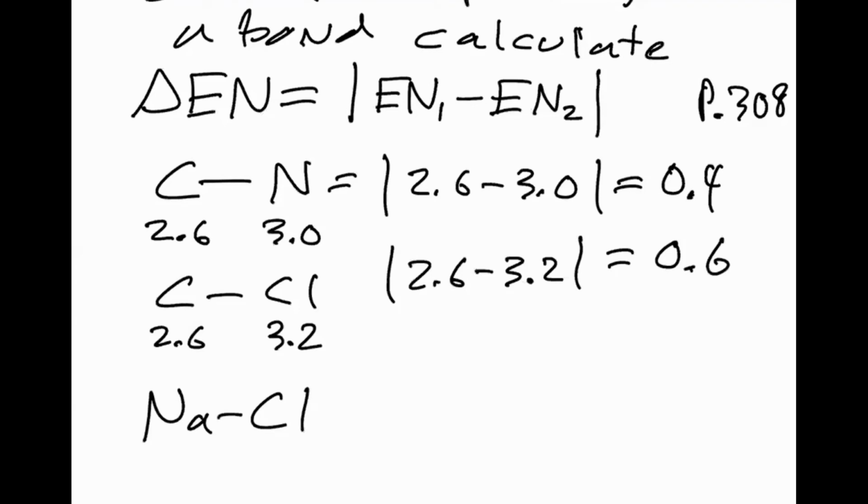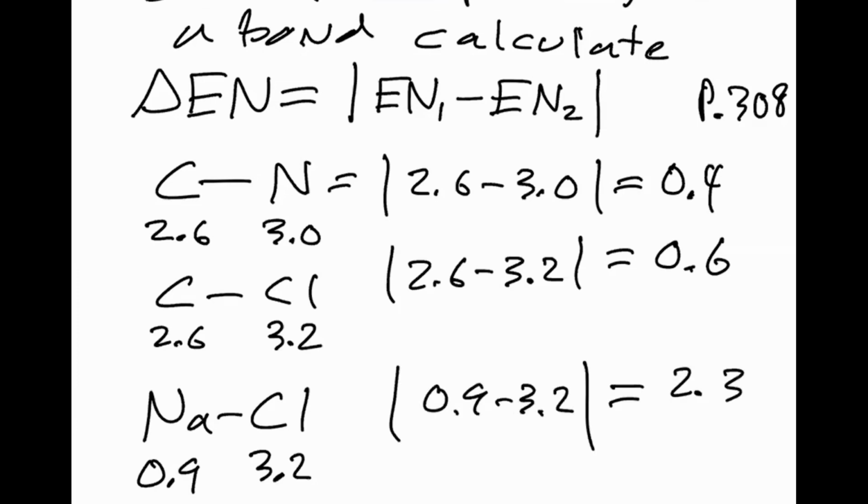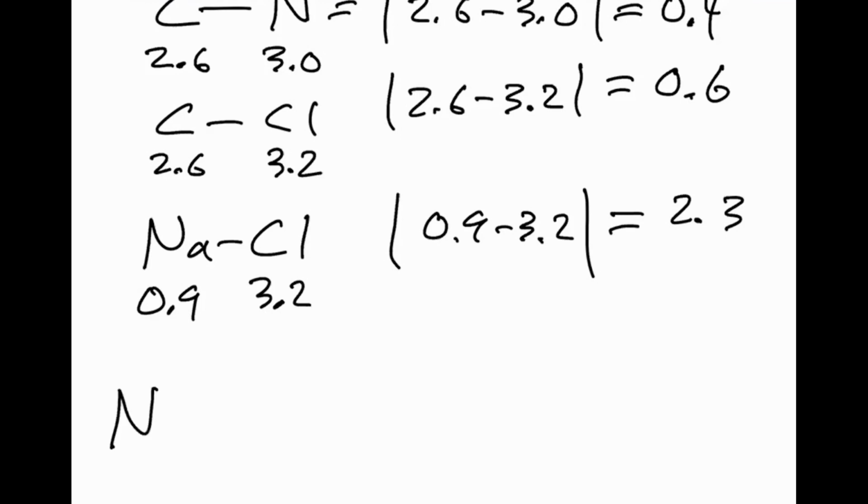We know it's an ionic compound, though. Sodium is 0.9, and chlorine is still 3.2. So this would be 0.9 minus 3.2, so 2.3. Nitrogen, fluorine. Fluorine is 4.0, nitrogen is 3.0. What's the delta electronegativity? 1.